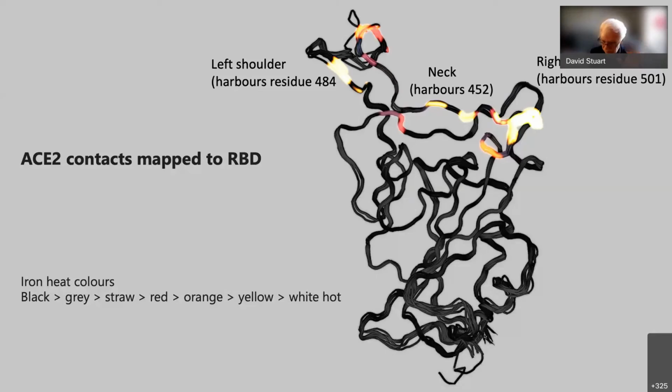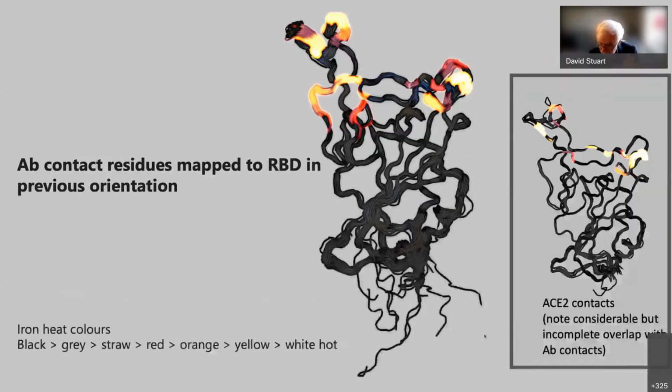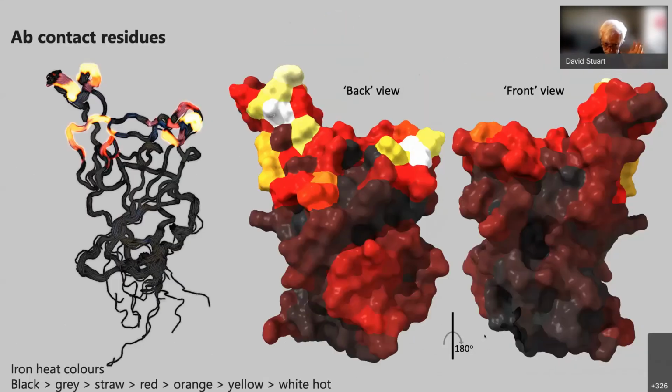What I've done here, with input from Helen, is to map the ACE2 contacts to the RBD in a slightly different way. And that's now looking at the antibody contacts. And again, there's a strong sort of correlation with blocking ACE2.